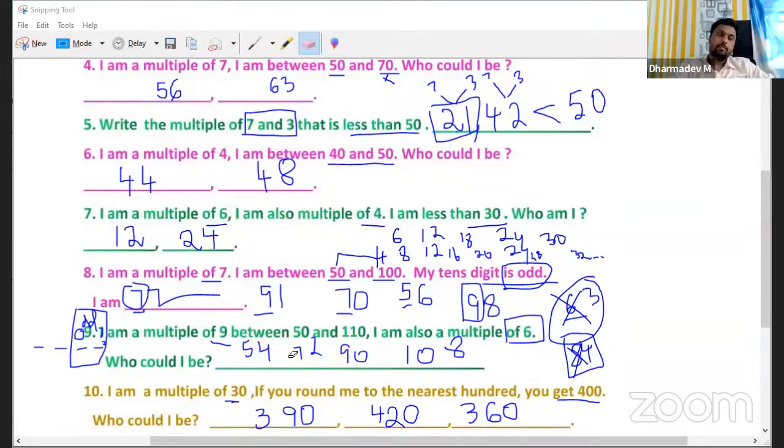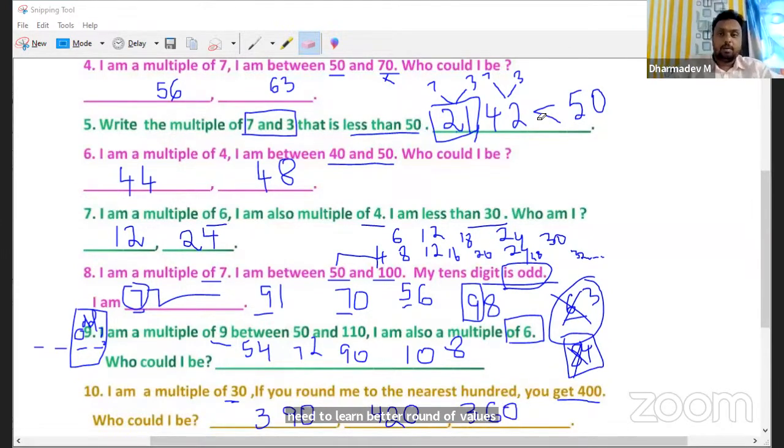Yes, sure, I'll explain. We need to learn a bit about round off values, so that will make the topic more clear. Now let us take a number, for example 100. What is the nearest hundreds?